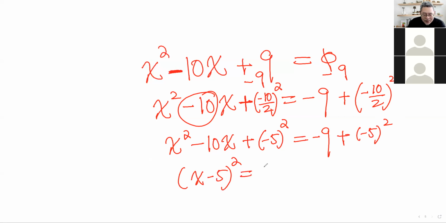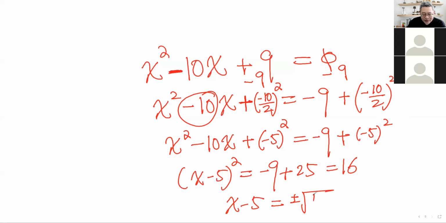Then we take the square root on both sides. Then x minus 5 equals plus or minus the square root of 16, which gives us plus or minus 4. So x minus 5 is equal to plus or minus 4. Are we good here?